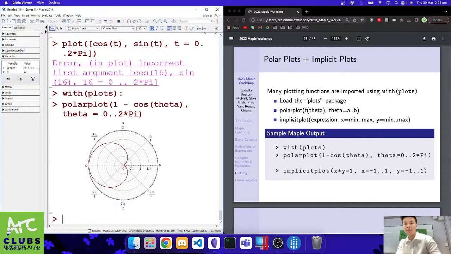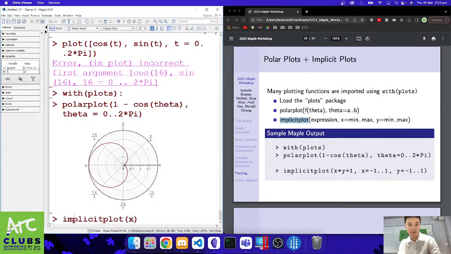The next type of plot is the implicit plot. Oftentimes we're given an equation in implicit form, for example, the unit circle x squared plus y squared equals 1. To plot that, we would use the implicitplot.